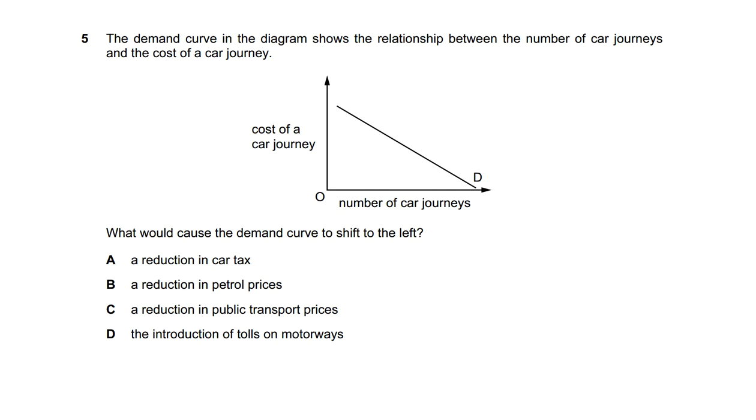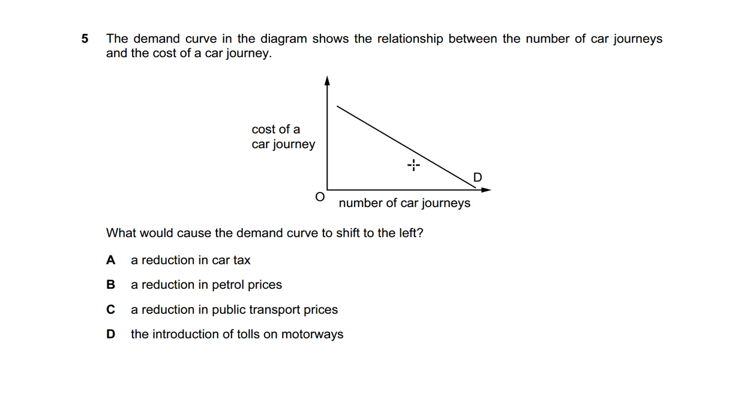Now, in most of these questions, the trick is to understand whether there's a movement along the curve or whether there's a shift of the curve. The important thing to remember here is that whenever there is a change in the price, which here is the cost of a car journey, the variable on the y-axis, that always leads to a movement along the curve.